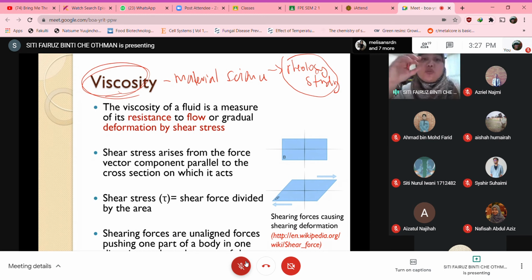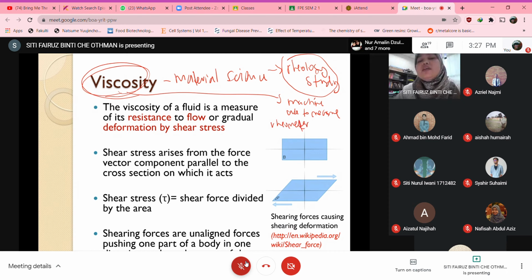The machine used to measure viscosity ni is called the rheometer. This rheometer ni yang akan calculate dia punya deformation shear stress ni. So this is actually the fundamental that lies behind rheometer.